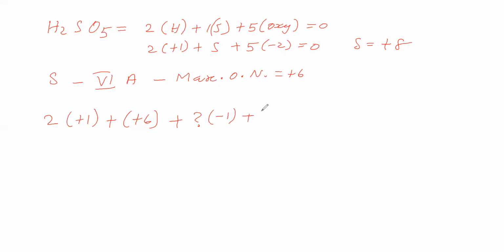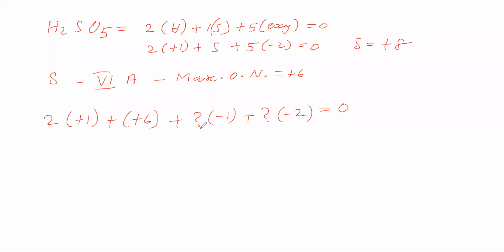Some are oxides. For oxides, oxygen oxidation number is -2. Now the sum of all the oxidation numbers of all the atoms in the compound is 0. So we want to know these two values. We will do it by the trial and error method.